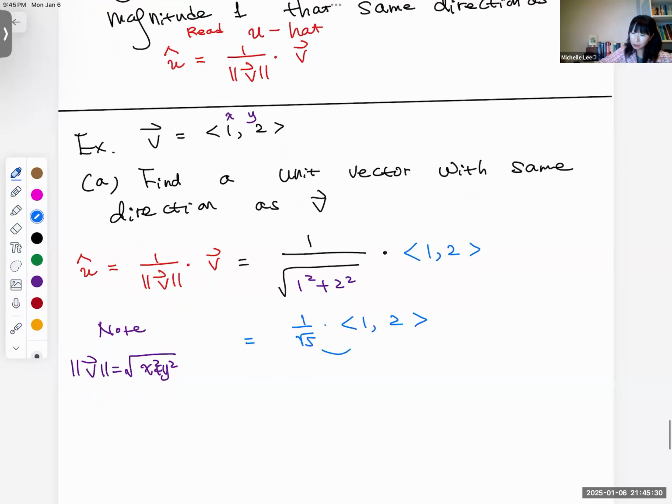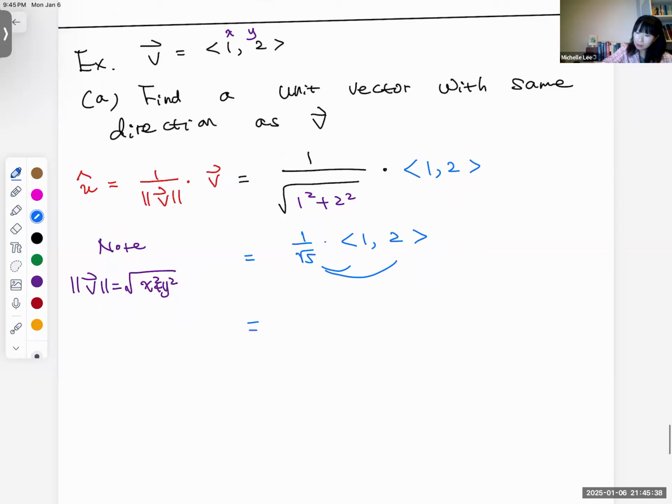And then we distribute. Then we have 1 over square root of 5 in vector notation, right? And 2 over square root of 5, right?